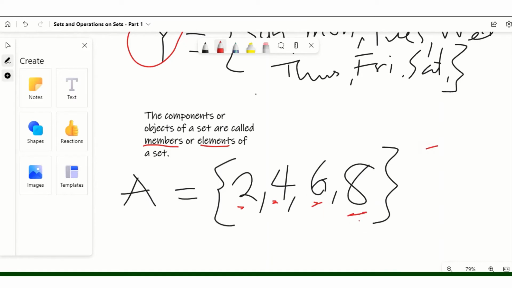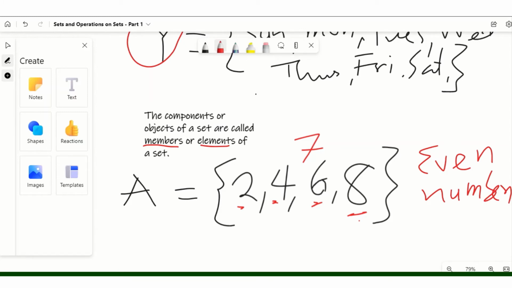They are all even numbers. That is why they are in a set. If I add 7 to this set, it ceases to be a set, because 7 is not an even number.